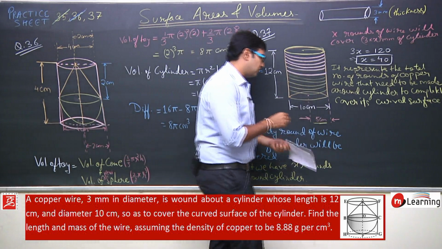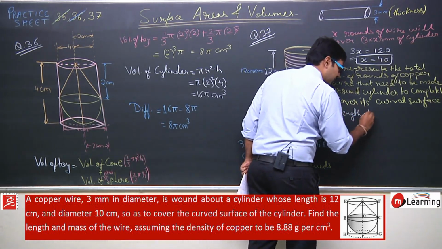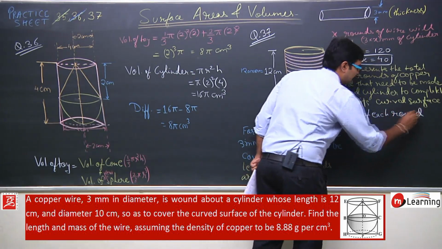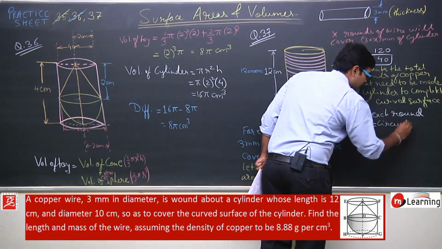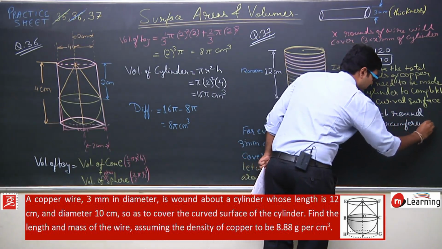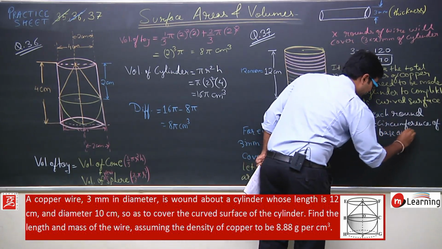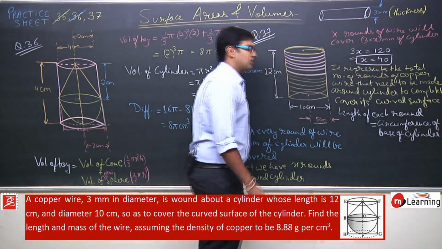So the length of each round will be the circumference of the base of the cylinder, because it is circular in shape.